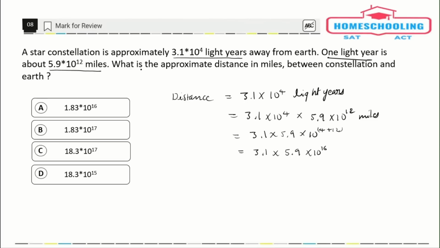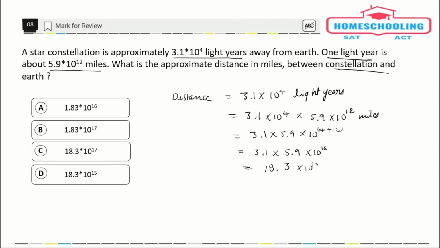In the question it was asked what is the approximate distance in miles between constellation and Earth. So we will further multiply it. Let me see, 3.1 into 5.9, that would be 18.3 into 10 to the power 16.